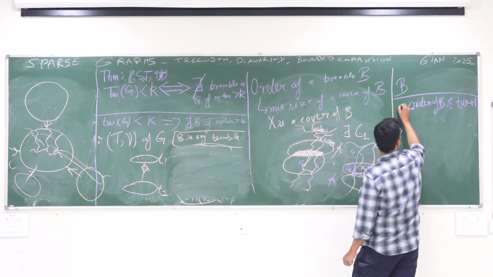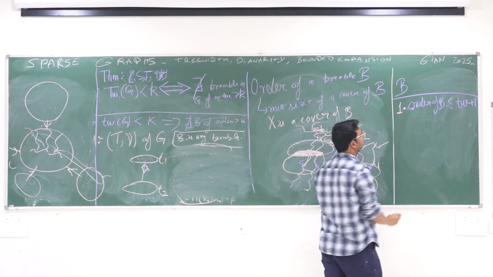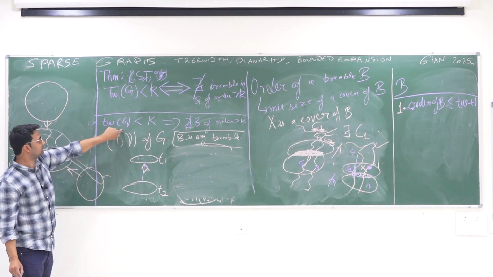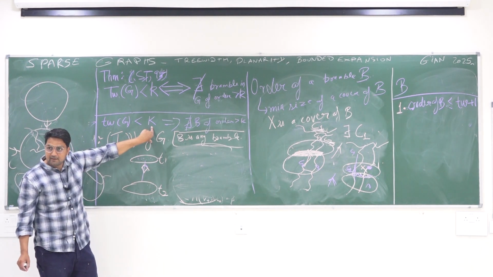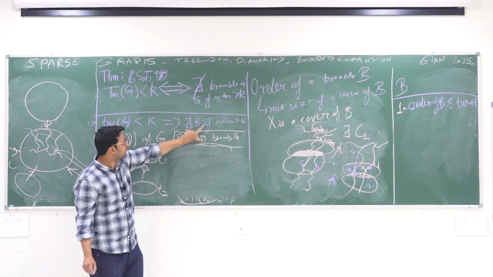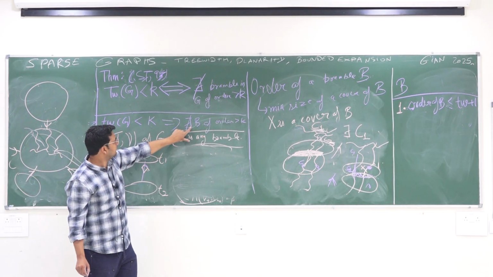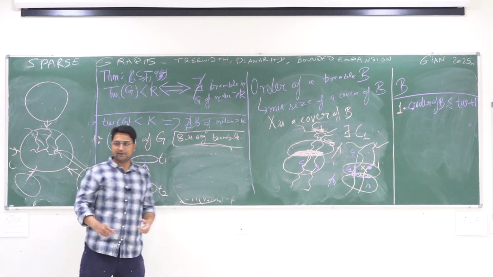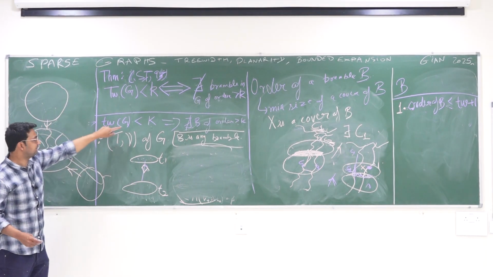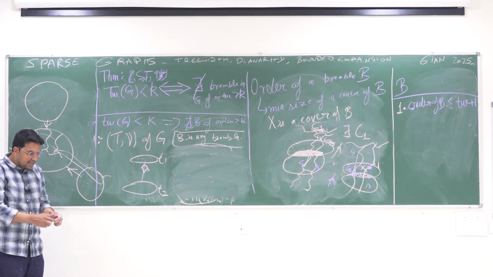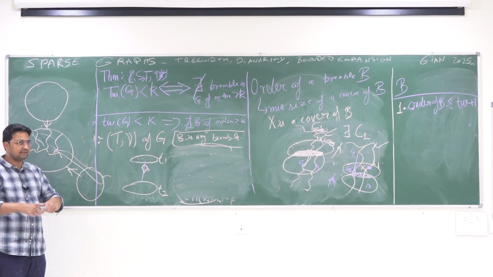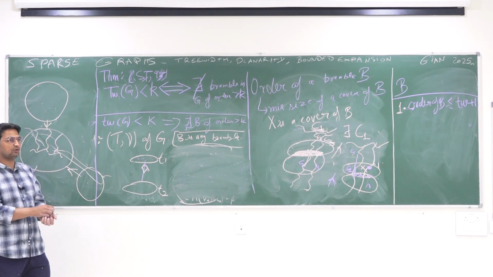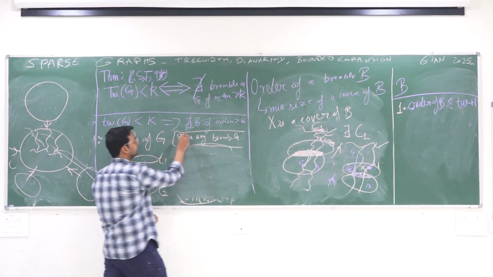This is my first result, the first direction. And this is a proof of the statement that if the tree width of G is less than K, then there cannot exist a bramble of order greater than K. Because if your tree width is less than K, then any bramble you give me will have a cover of size at most K. So there cannot be any bramble of order greater than K.